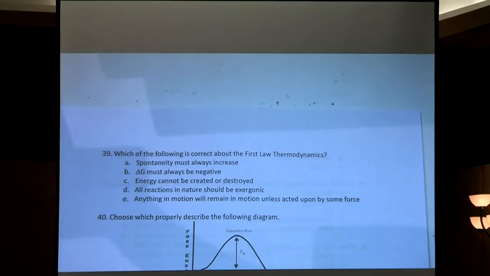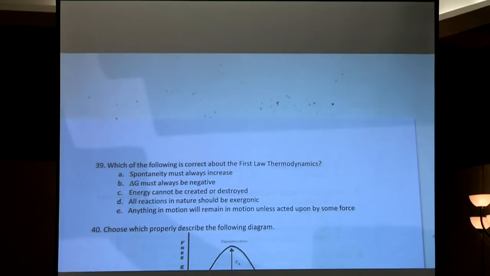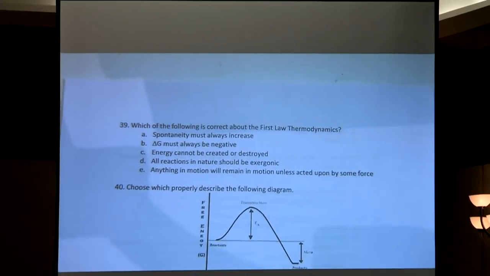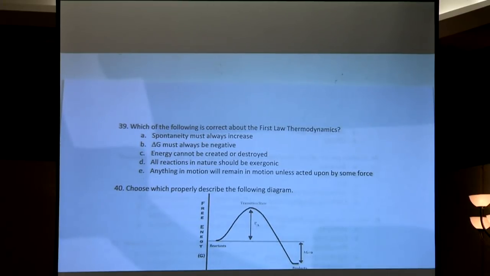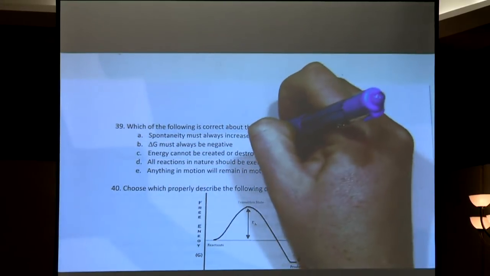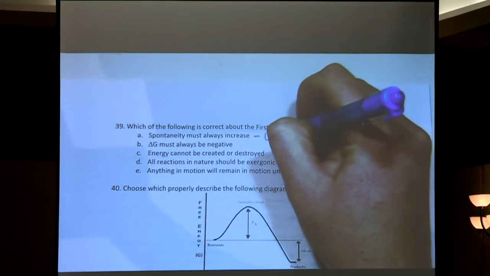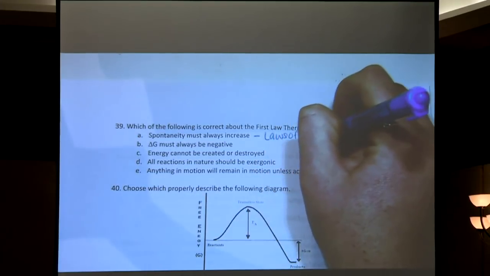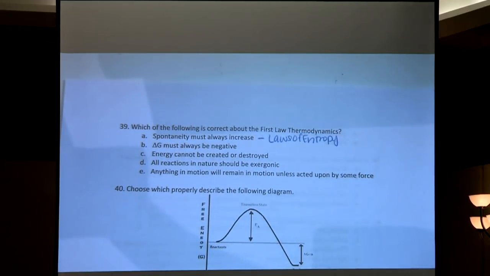All right. So we also talked a little bit about energy and reactions. Which of the following is correct about the first law of thermodynamics? A, spontaneity must always increase. Spontaneity is referring to one of our laws of entropy, but not the law of thermodynamics.